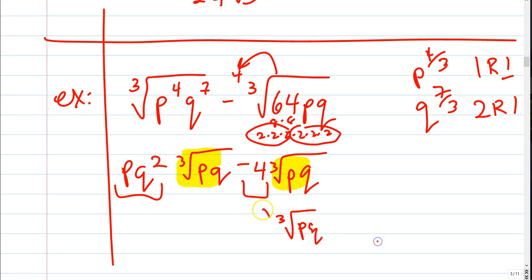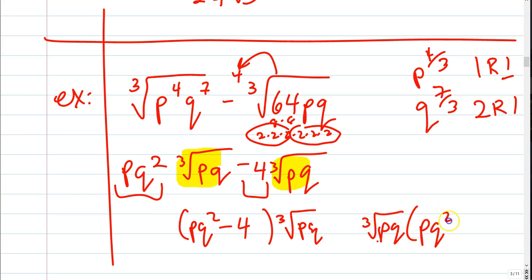It's a Q, I promise. And going, well, what would be left? PQ squared minus 4. Or third root of PQ times PQ squared minus 4. I don't really know how that's simplified, but they will do that. That's not something I would test you on, but I don't want you to get frustrated when that shows up in the homework.